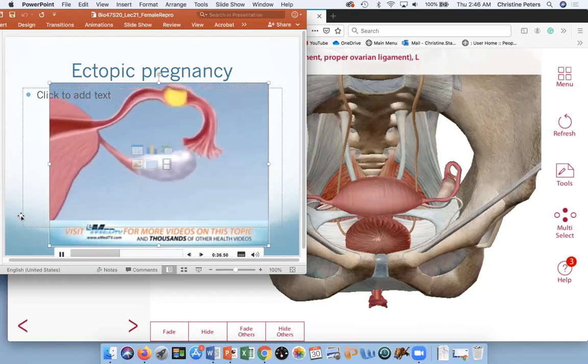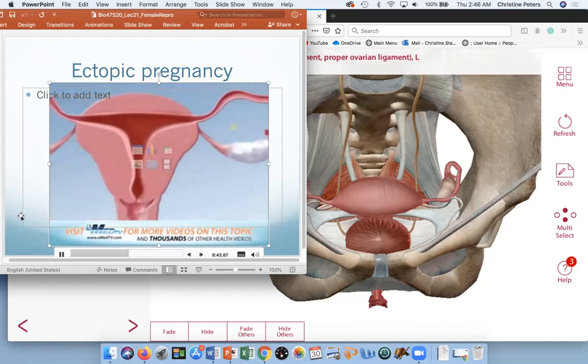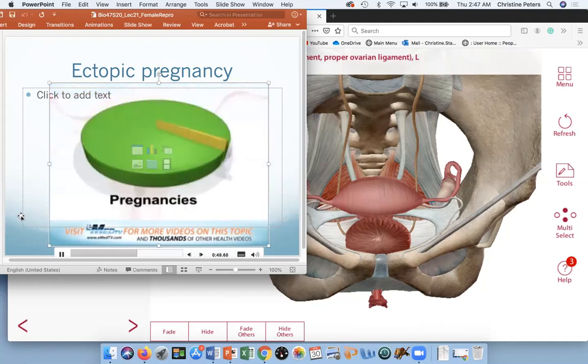Occasionally, the fertilized egg may implant on an ovary, in the abdominal cavity, or in the cervix. Ectopic pregnancies are rare. They occur in about 1 out of every 60 pregnancies. There are certain risk factors that make an ectopic pregnancy more likely.